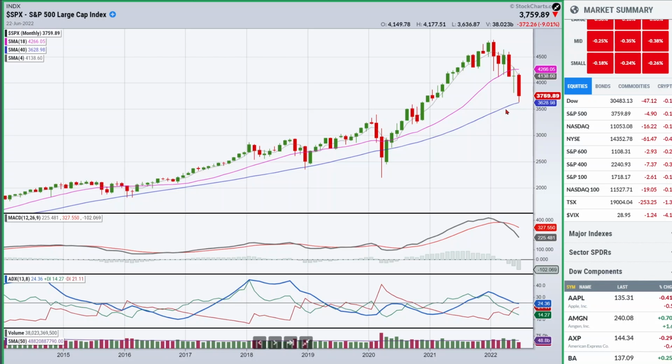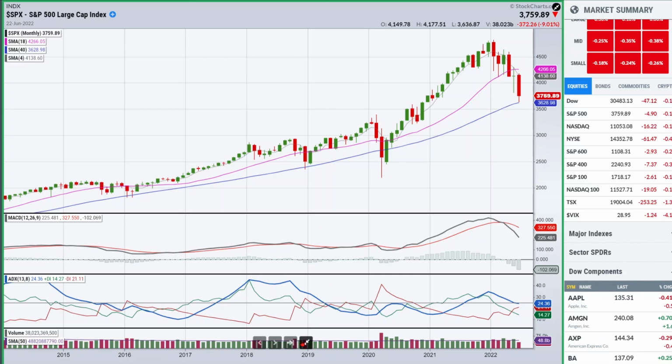I'm not saying that that's not important. I think it's trying to provide support right now. But typically when I'm looking at individual stocks, I lean on the 18 more than the 40, generally speaking, when I'm looking at trends. And when we get through one time frame's 18, I like to look at where the next time frame's 18 is to give me a feel for what kind of risk we really have.